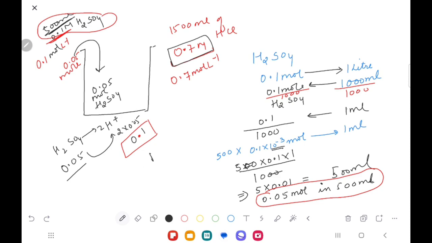So that means I have 0.1 H plus coming from 0.05 moles of H2SO4. What does that mean? I'm going to say that from this solution, I'm having 0.1 moles of H plus. Do you understand what I'm doing? So I have now calculated how many moles of H plus I will be getting from H2SO4. Are you understanding my point?